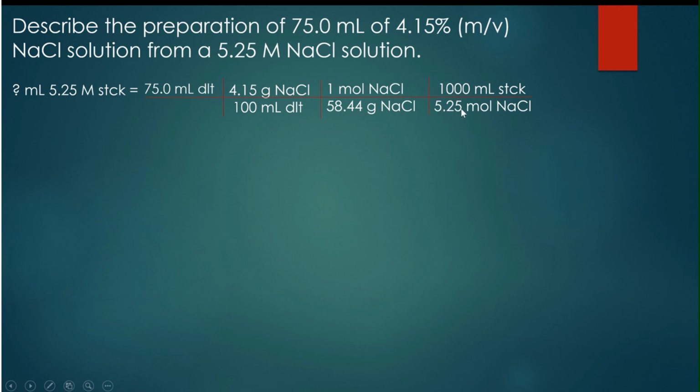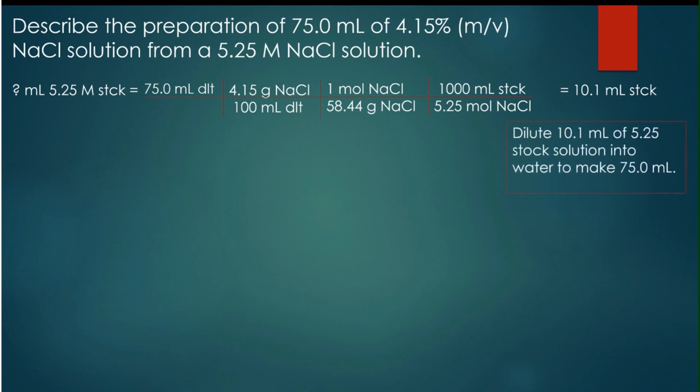So 5.25 moles per 1,000 milliliters is the same as a 5.25 molar solution. So do the math and calculate 10.1 milliliters of stock solution will be needed to make my 4.15% dilution.